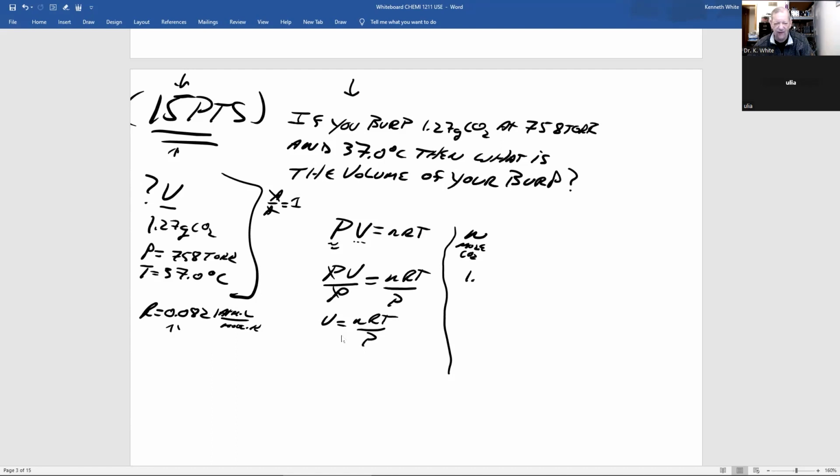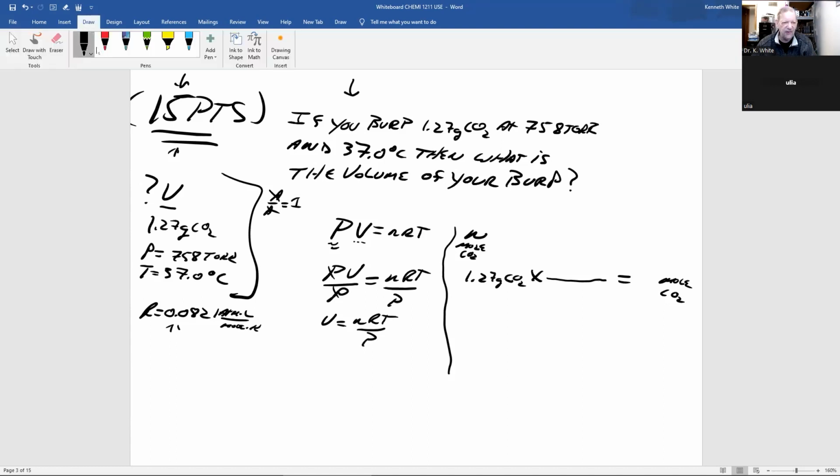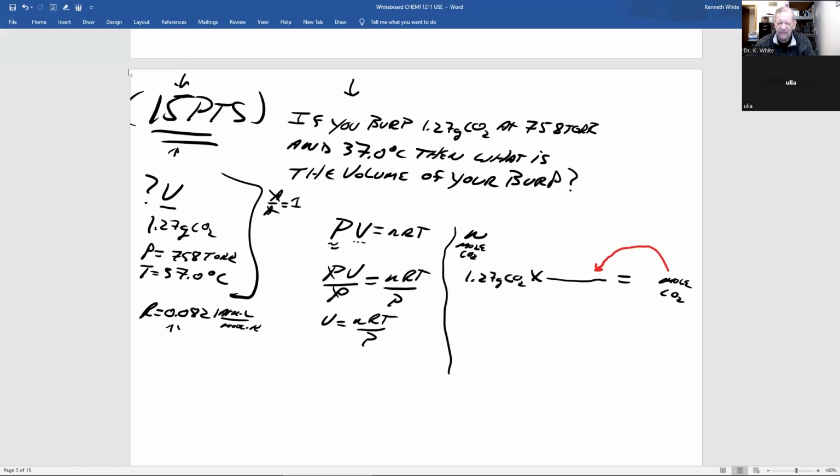So we have 1.27 grams of CO2. We want to get to moles of CO2. And how do we do this? Well, if you have a ratio that you can multiply and divide to convert the grams to moles, use your good buddy, good friend, unit analysis. Moles of CO2 go on top. Grams of CO2, carbon dioxide, go underneath.